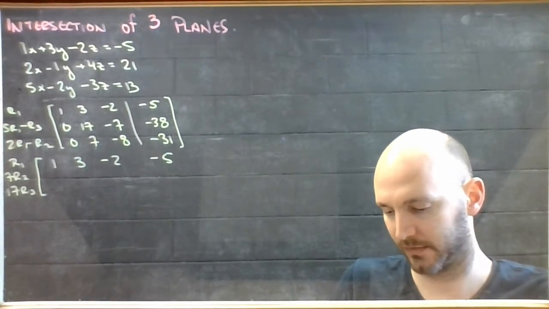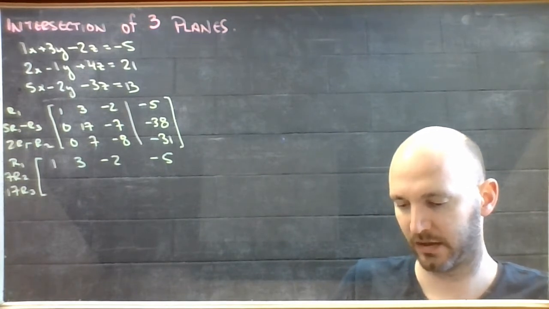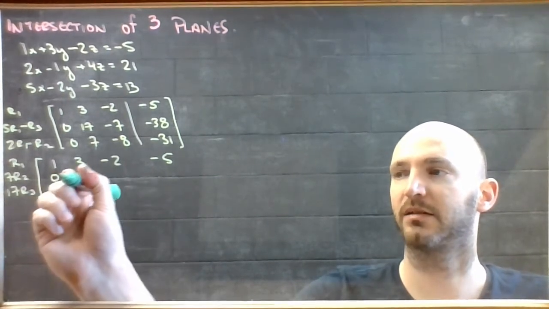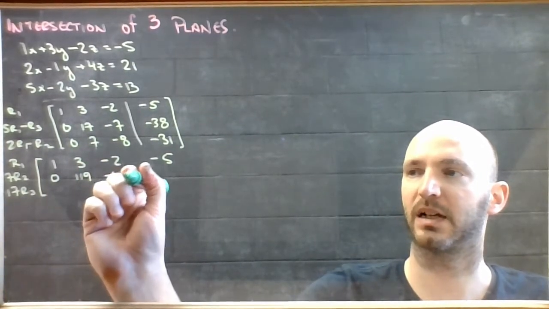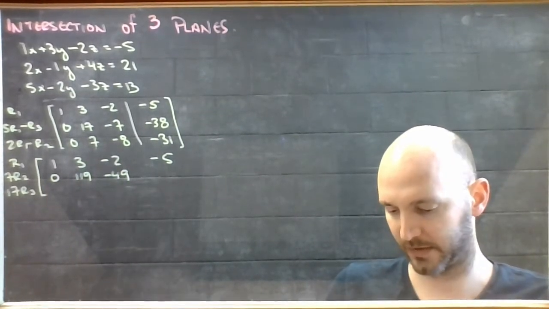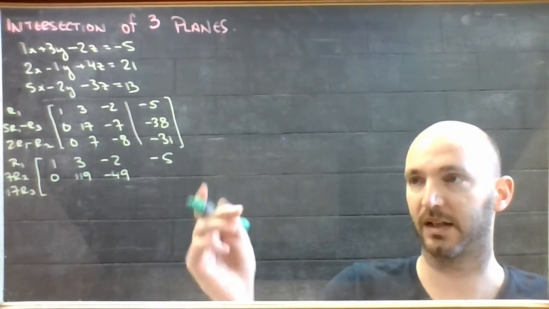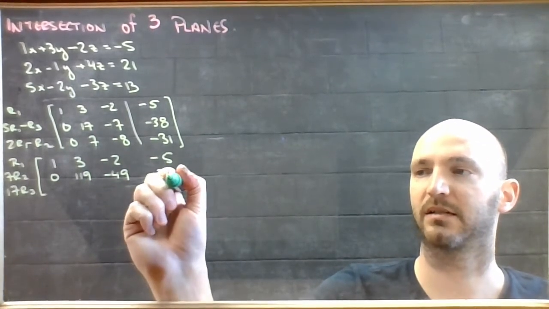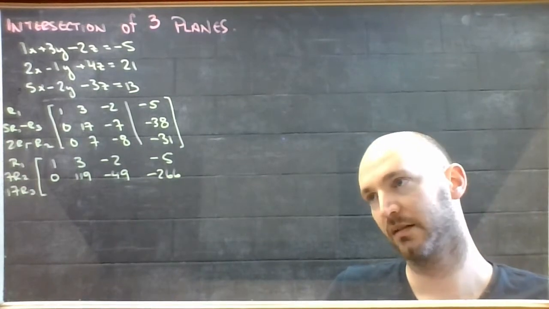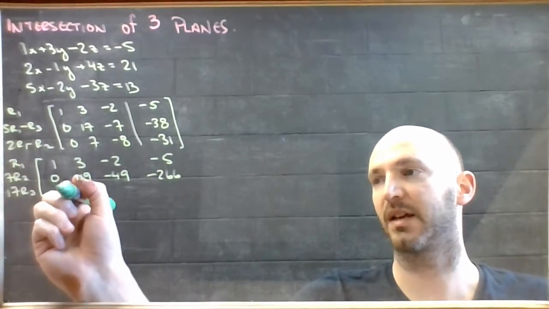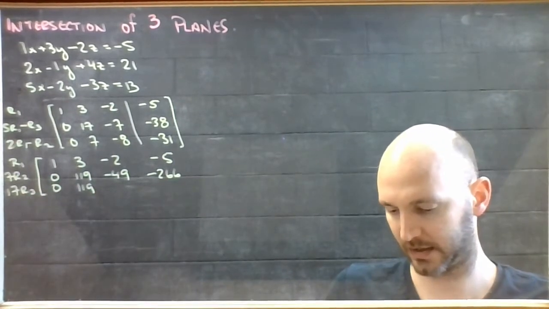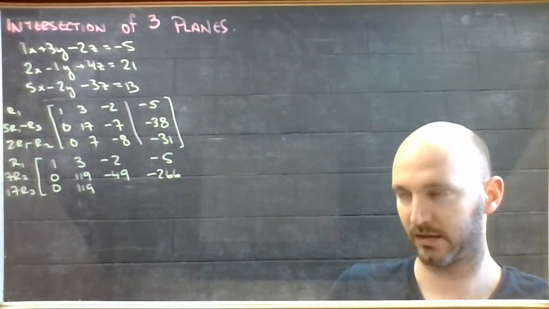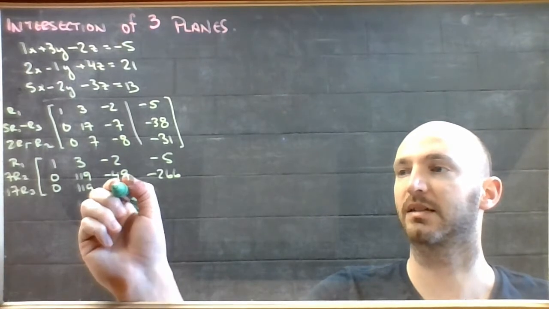Alright, so 7 times 17 is 119. 7 times 7 is negative 49. 7 times 38 is negative 266. 17 times 7 is 119. 17 times 8 is 136.